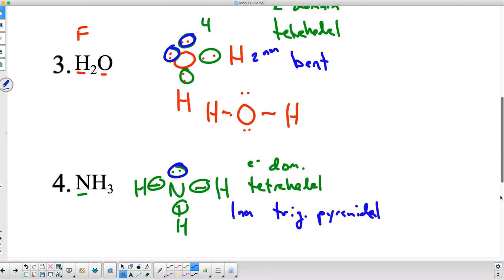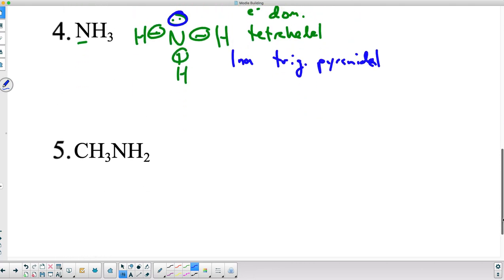Now sometimes you may end up with more than one central atom, and that's okay. Carbon is always a central atom, nitrogen's also always a central atom. So if I have carbon, I make it look like this, 1, 2, 3, 4, like that. Because I know a lot about carbon and the compounds it makes, I'm going to put nitrogen right next to it, and nitrogen looks like this.